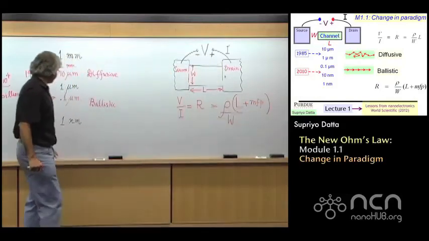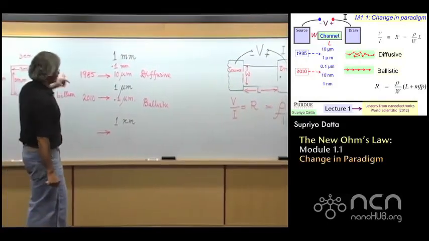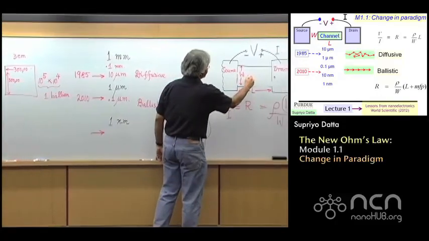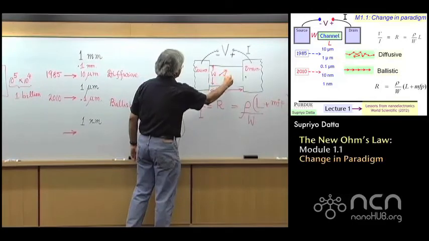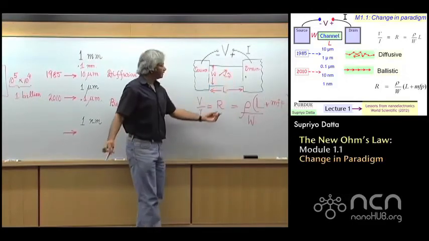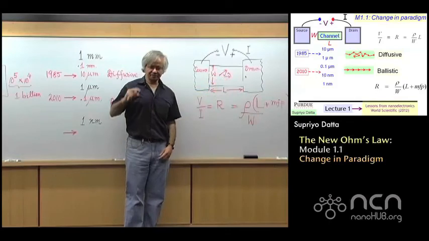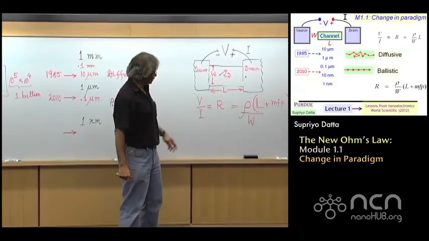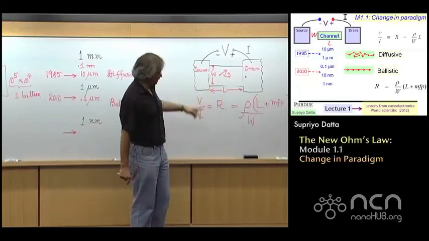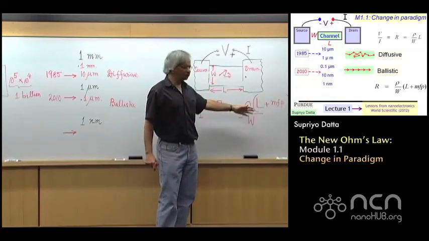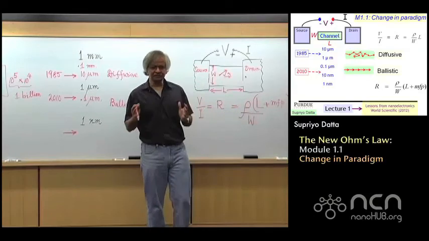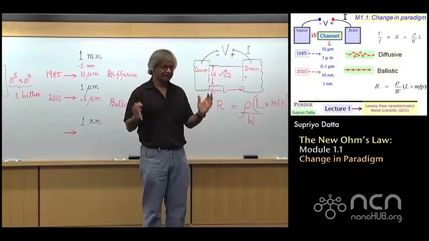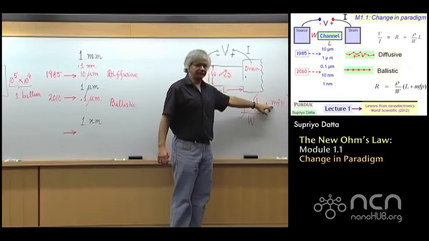What's a mean free path? Well, that's this, you see, I was drawing how an electron goes through a long device in a random walk. So a mean free path is roughly the distance it travels before it gets turned around. And you might say, well, that doesn't make sense. We were just talking about how to correct this resistance for something that's really small, where an electron goes straight through. In that case, there is no mean free path, really.